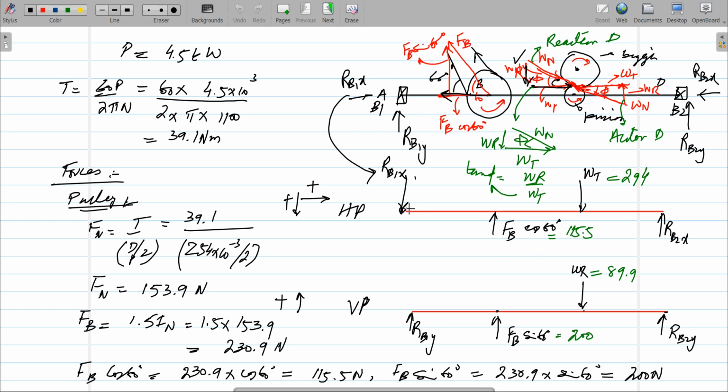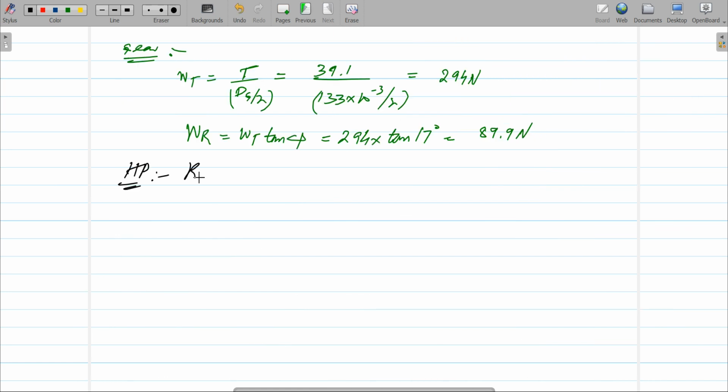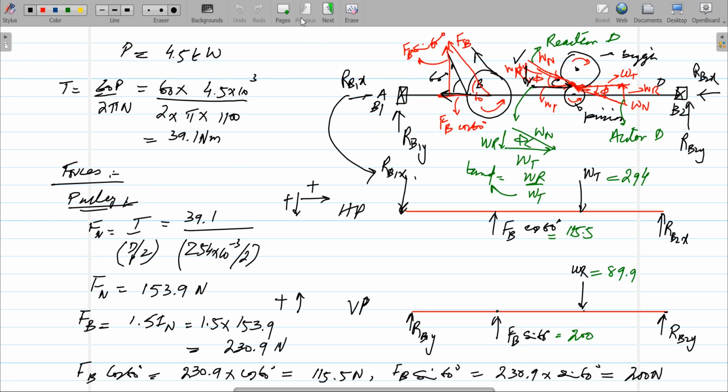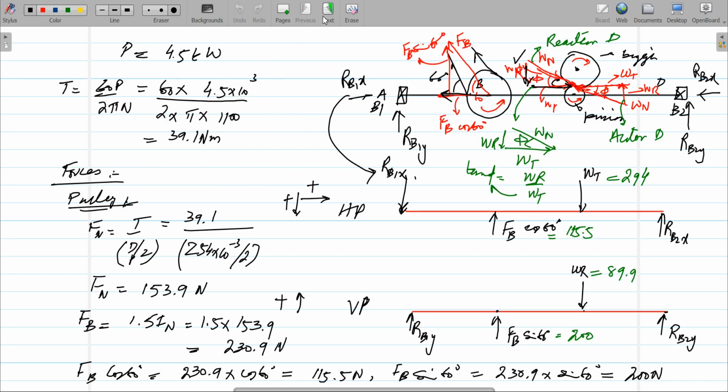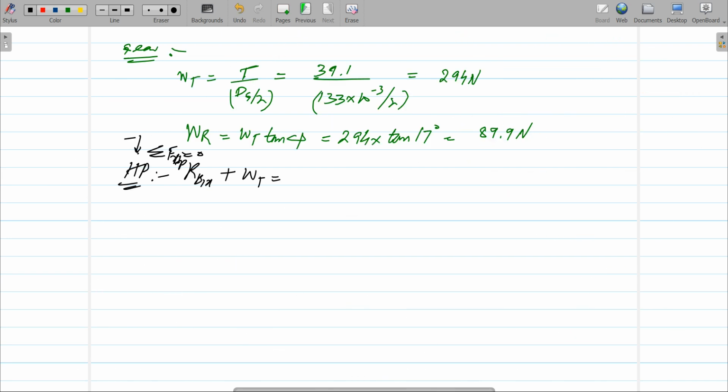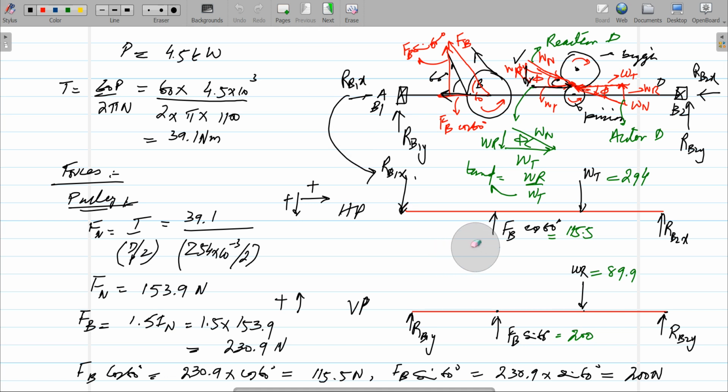So we know that, taking downward as positive, RB1x plus WT in the horizontal plane equals 0. So this is WT, and with the minus sign we have B.